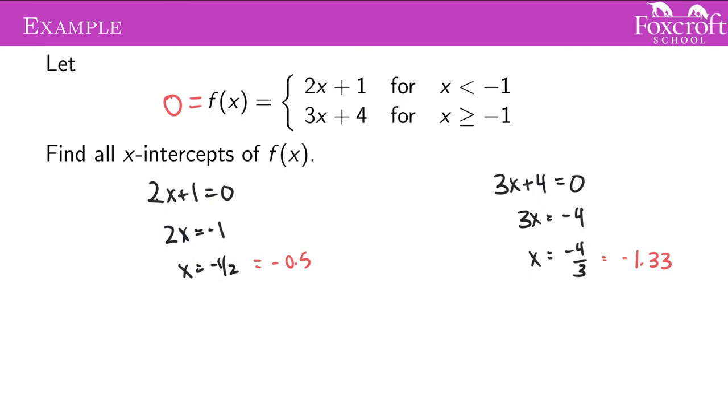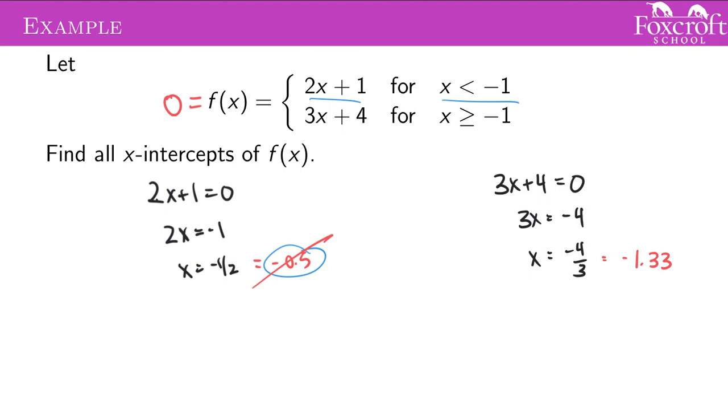So those are my possible x-intercepts, but I have to make sure these x-intercepts occur when I'm actually using the rule. 2x plus 1, I only use that rule if my x value is less than negative 1. So if I was using 2x plus 1, the x-intercept would occur at negative 1/2, but that's not less than negative 1. So this is actually not an x-intercept for this piecewise function, because the place where the x-intercept would occur is not when I'm using that rule.